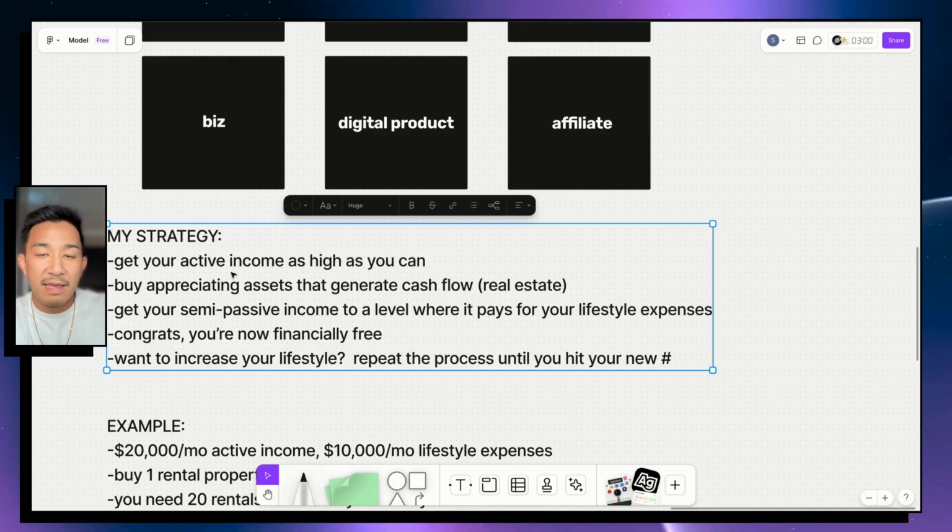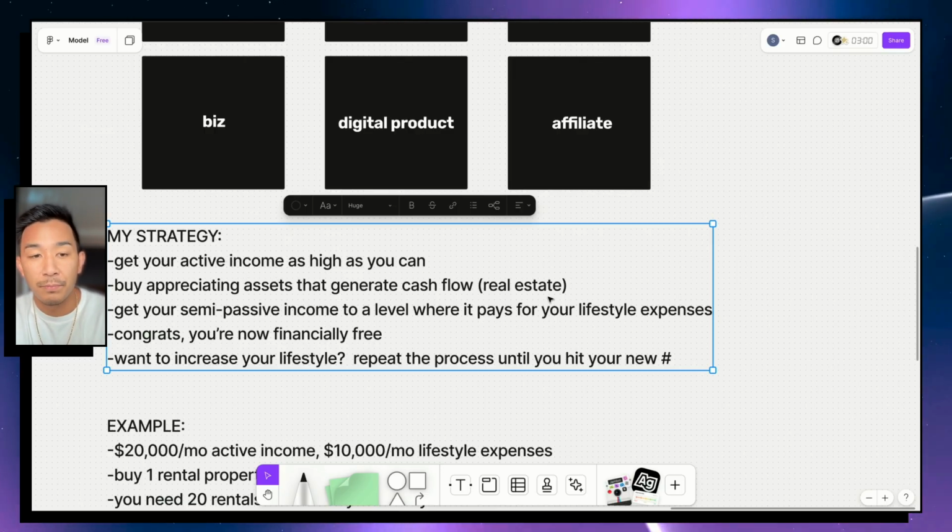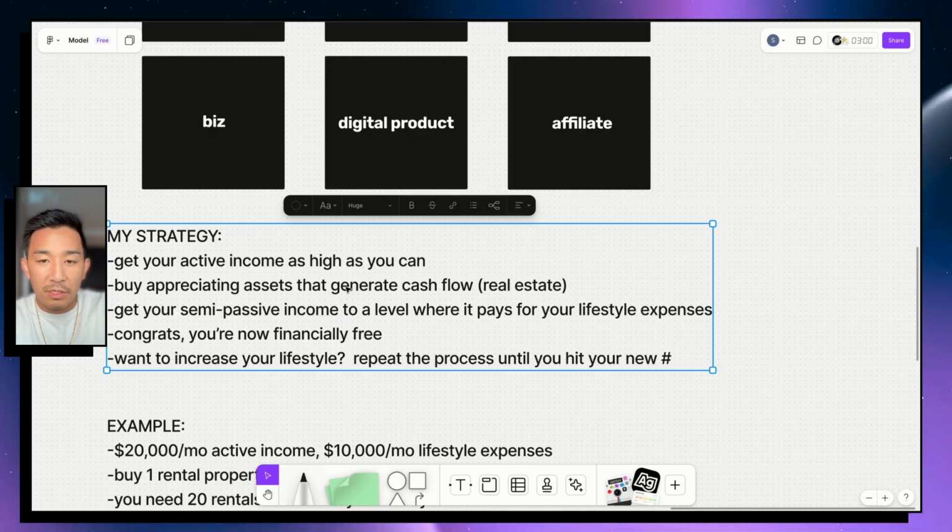If you have a high active income, whether it's from a job, side hustle, or business, you can afford to buy these assets, real estate and rentals, a lot quicker. So we want to acquire these properties that get us semi-passive income, and we want to get it to a level where it pays for our lifestyle expenses. Once you've hit that, then congratulations, you're financially free, and you continue to get those payments for life, right? Because you're always going to have tenants in your house.